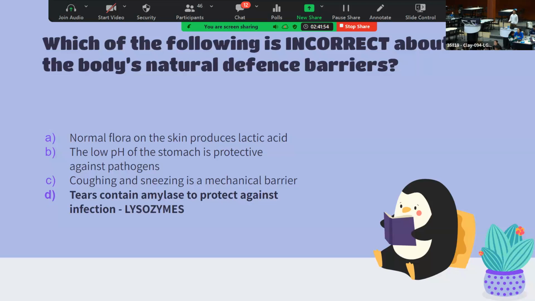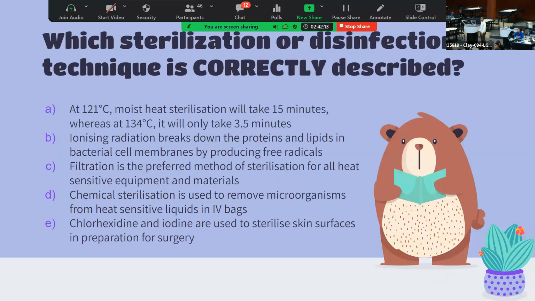A. Okay, so the actual answer is D. Normal flora can produce lactic acid. It's just tears contain lysozyme, not amylase. Remember, amylase is what digests your carbohydrates. You've got salivary amylase, yeah, lysozyme, sorry. Good answer. Nice try though.